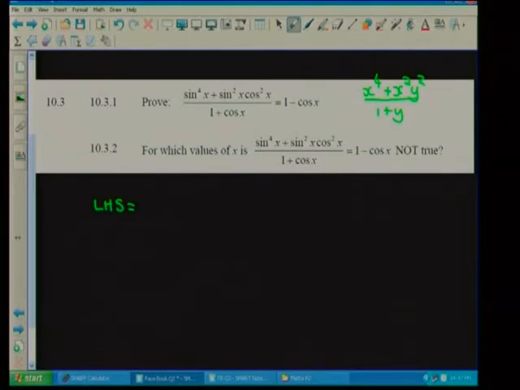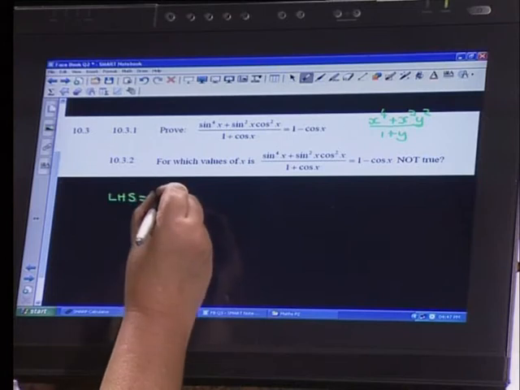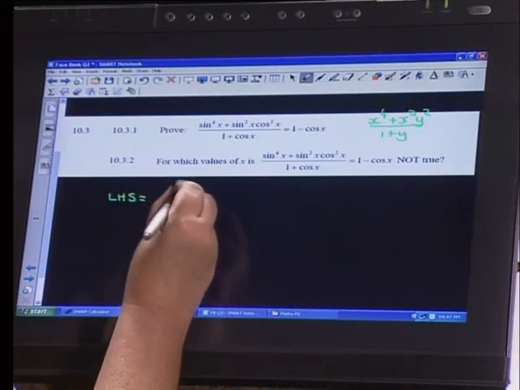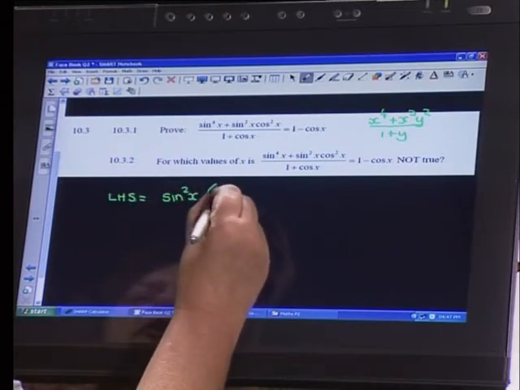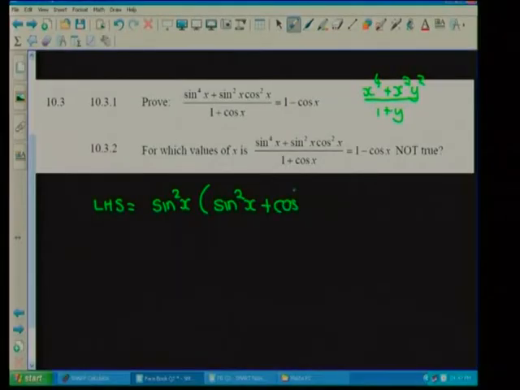So what I always say to my students is, when you look at this, see sin to the 4 plus sin squared cos squared all over 1 plus cos x. So you know to take out the sin squared x, leaving you with sin squared x plus cos squared x all over 1 plus cos x.